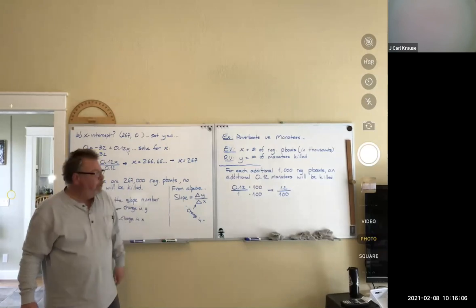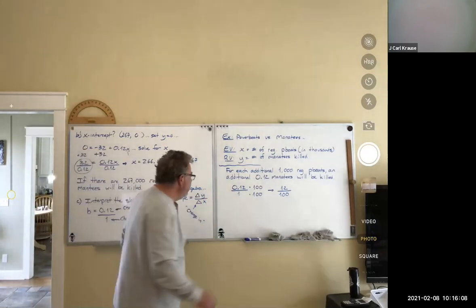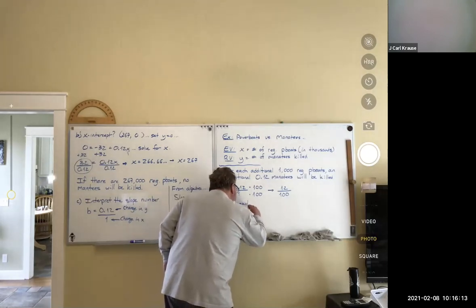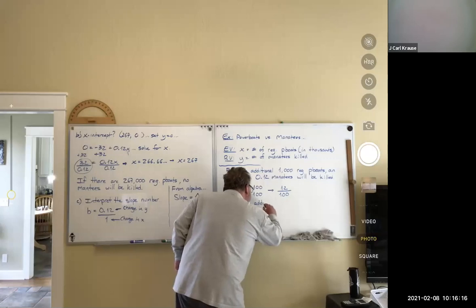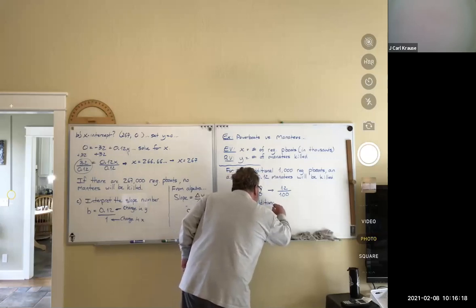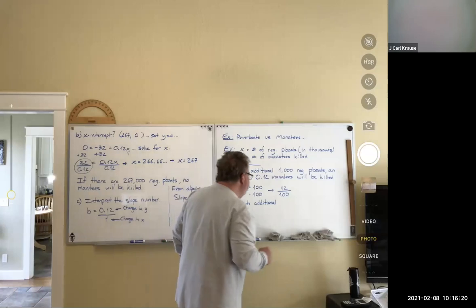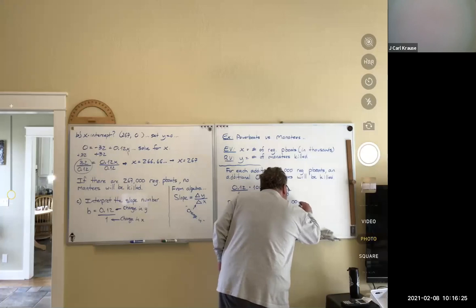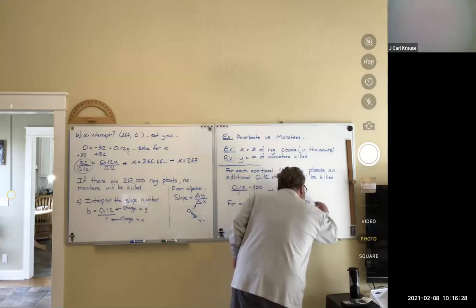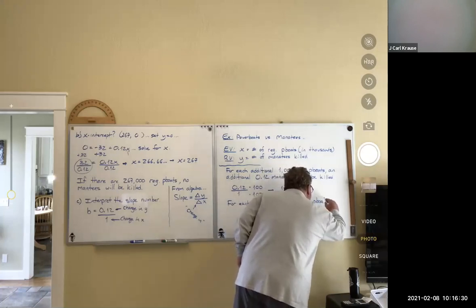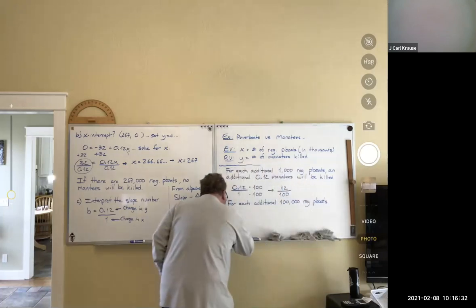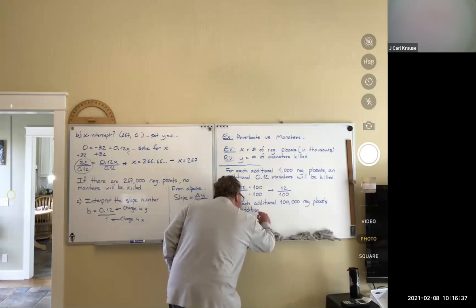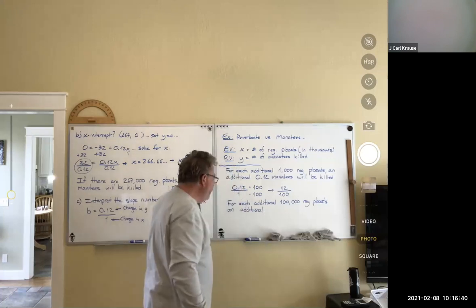And now let's put that into words. Let's interpret what that says. So what this says is, for each additional 100,000 registered powerboats, an additional 12 manatees will be killed.